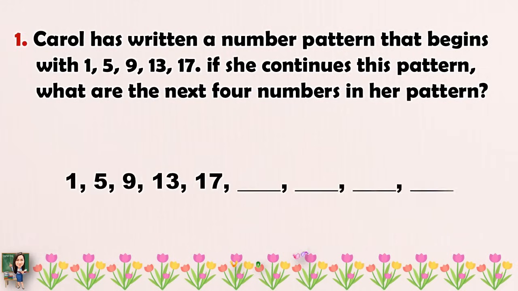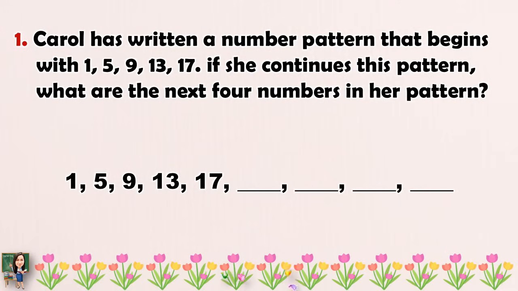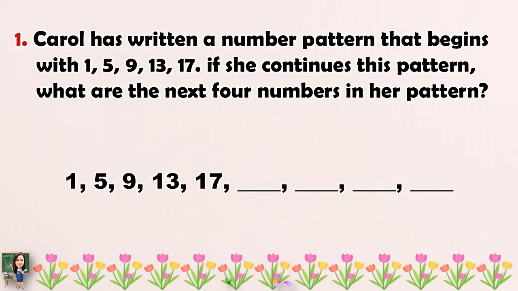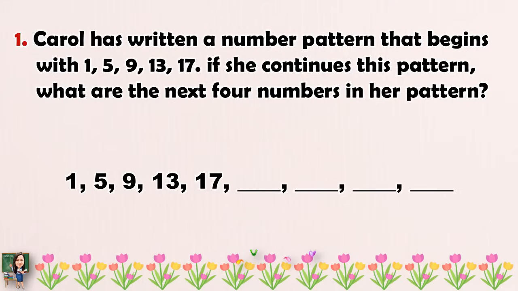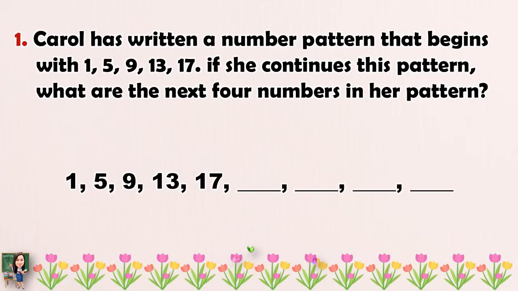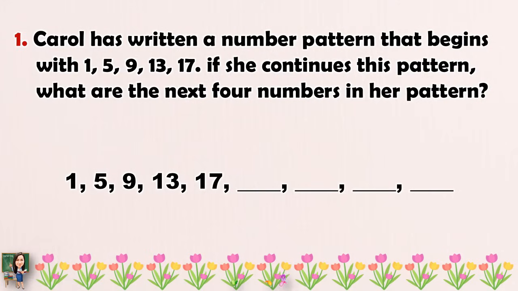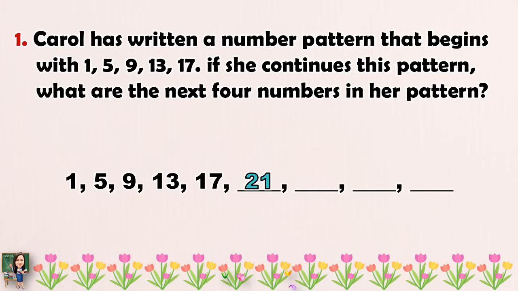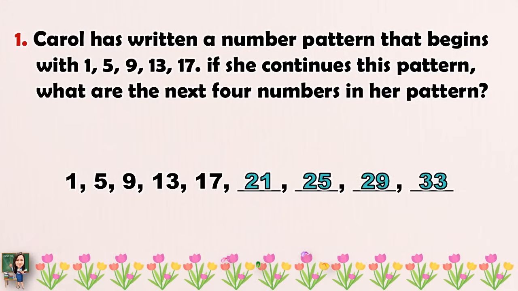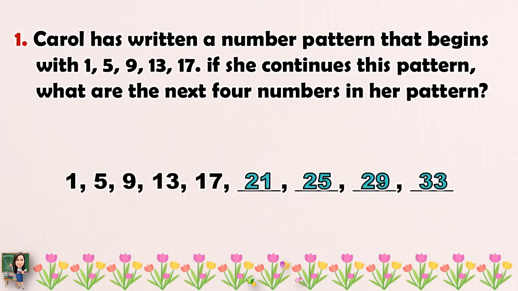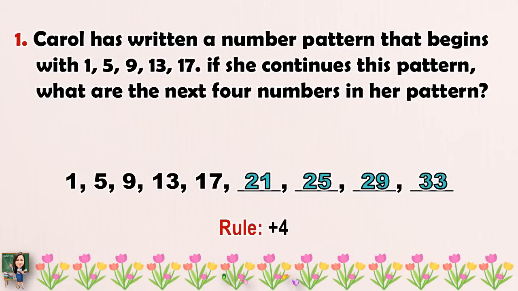So the given pattern is 1, 5, 9, 13, 17, and we have to find the next 4 numbers in this pattern. So what are the 4 terms in this pattern? Very good. So the missing terms are 21, 25, 29, and 33. The rule for this is add 4 or plus 4.